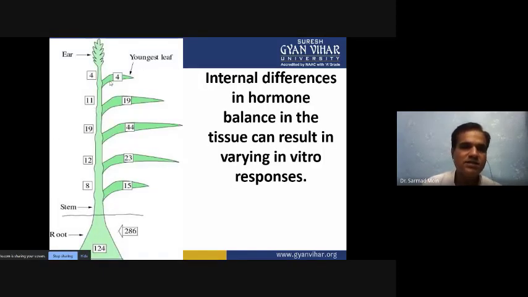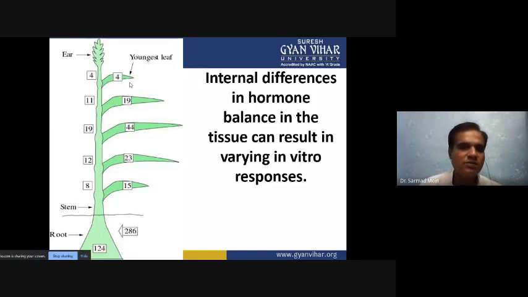Then the various portions are also very important, and these numbers denote which portion can effectively give good results. If you see the meristematic tissues, which are the youngest, they respond very well when we are culturing these different parts. Internal differences in the hormone balance in tissue can result in the in vitro response.